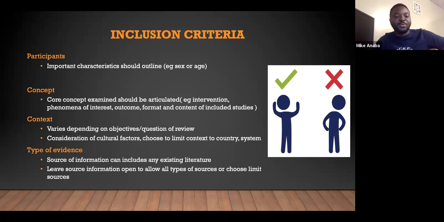People can do reviews on blogs, people can do reviews on published literature. Depending on what evidence you are seeking, I've seen people do reviews on social media posts and stuff like that, or blogs. So let us understand what exactly you are looking at. If you are looking at all these aspects of literature that are out there, then you still clearly state that.